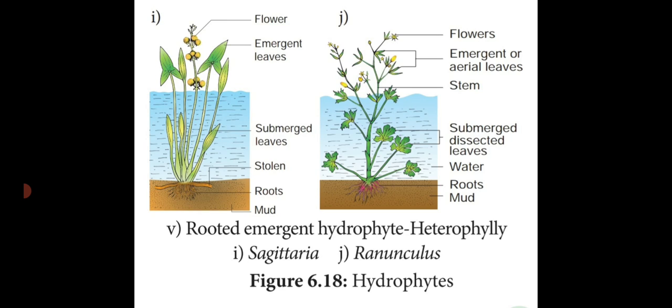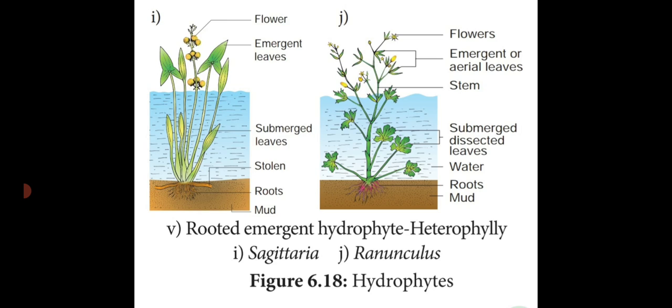Another leaf is triangle in shape, which is the emergent leaf, located out of the water. The flower is also located out of the water. So these plants which need both aquatic and terrestrial modes of life are known as rooted emergent hydrophytes.